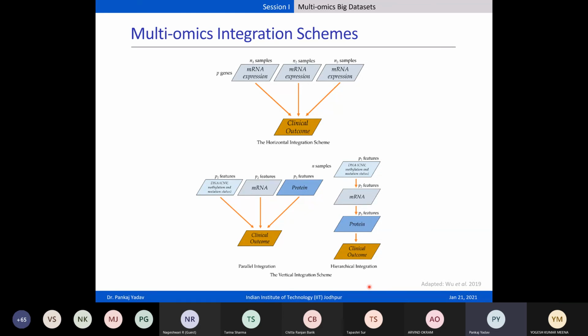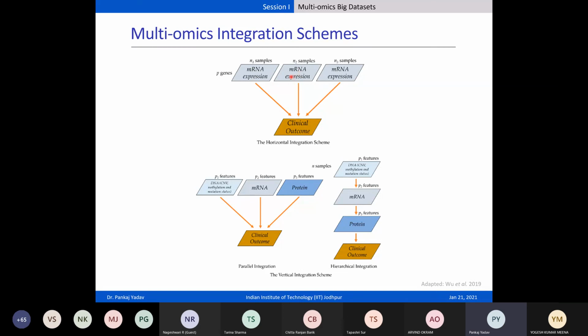So basically there are two kinds of schemes that are possible. You can have a horizontal integration scheme, where you have, let's say, this kind of data available in the form of a matrix. So this is just one example. We have mRNA expression from N1 samples and P genes, and we have different studies that are available.